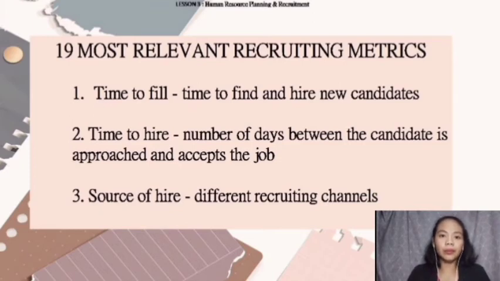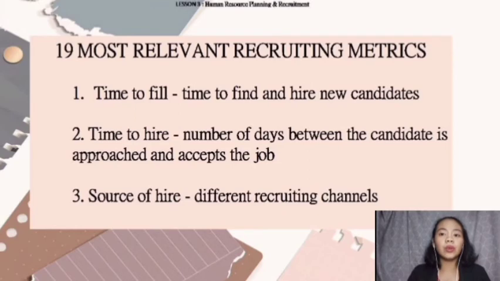Number 2. Time to hire. Time to hire represents the number of days between the moment the candidate is approached and accepts the job. In other words, it measures the time it takes for someone to move through the hiring process once they have applied, and thus provides a solid indication of how the recruitment team is performing.